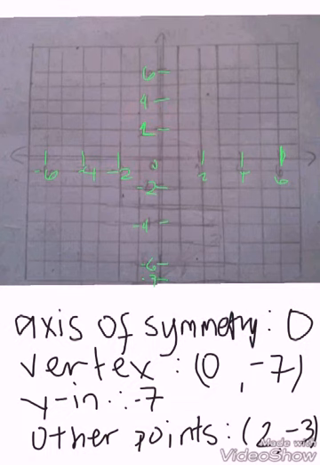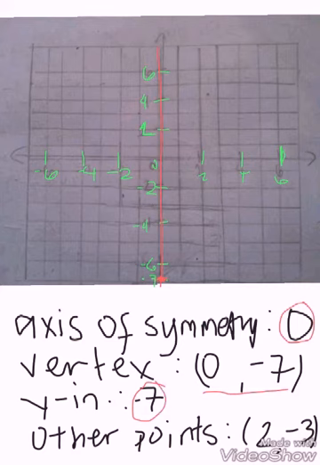After getting all points, we're now going to get our parabola. The axis of symmetry is 0, so we're going to draw a line here, 0. And the vertex is 0 and negative 7, so we're going to have a dot in here. And the y-intercept is negative 7, so we already have it.